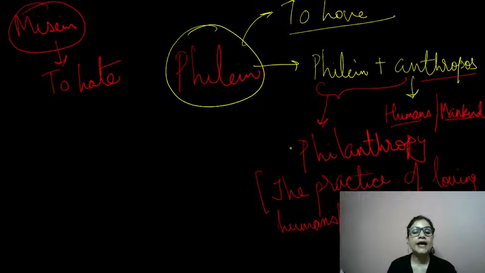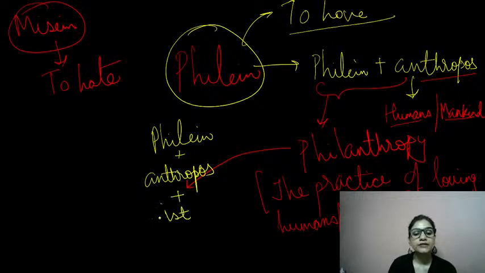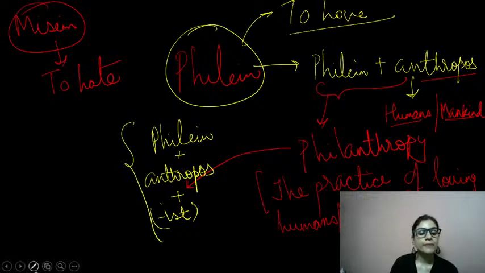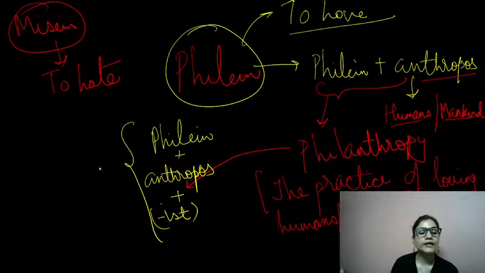Similarly, if I add the word ist to it, what do I get? If I have the word philein plus anthropos plus ist, right? This is the word root I have. So if I combine them, what do I get? What do I get, guys?